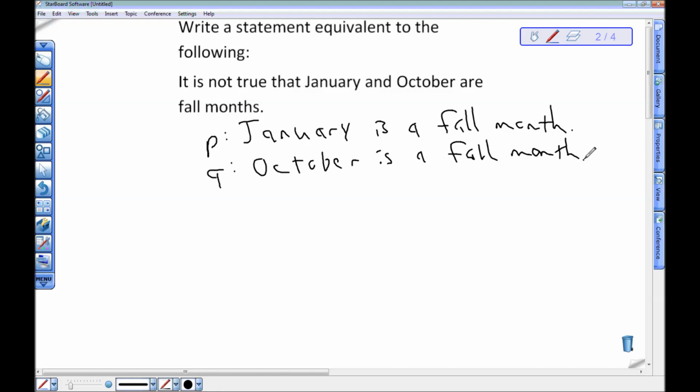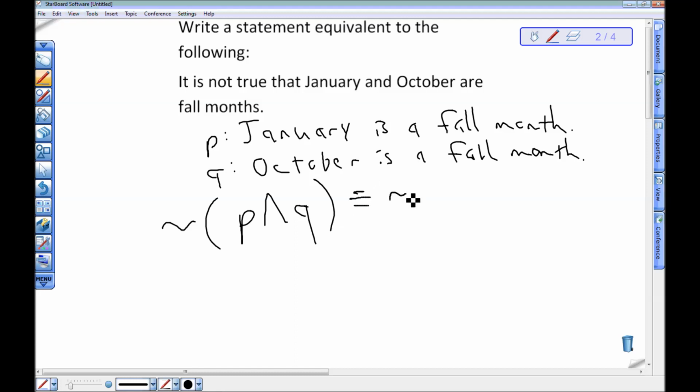Then to symbolize this statement, remember it is not true that is a negation and then a parenthesis. Then I have January is a fall month and October is a fall month. So this statement can be symbolized as it is not true that P and Q.